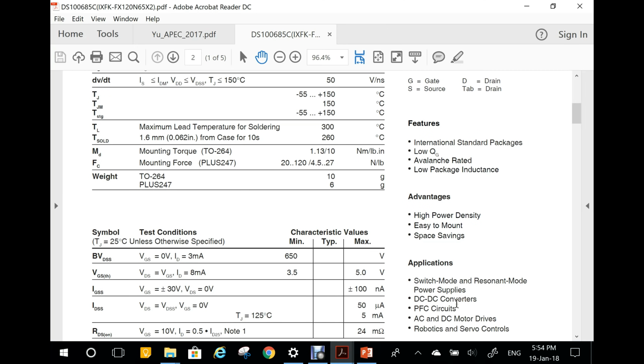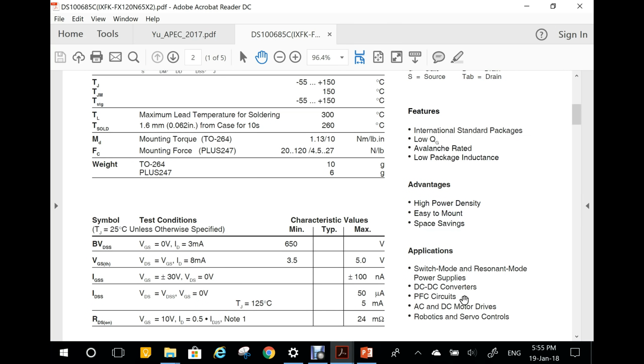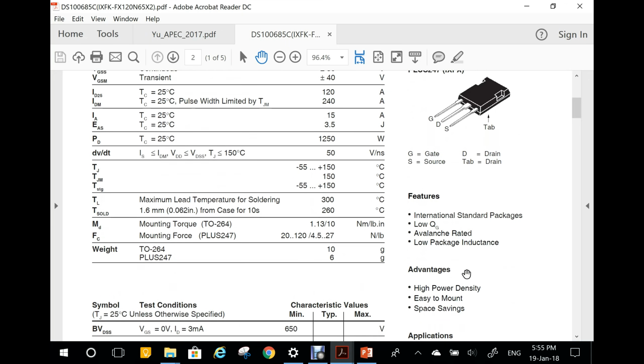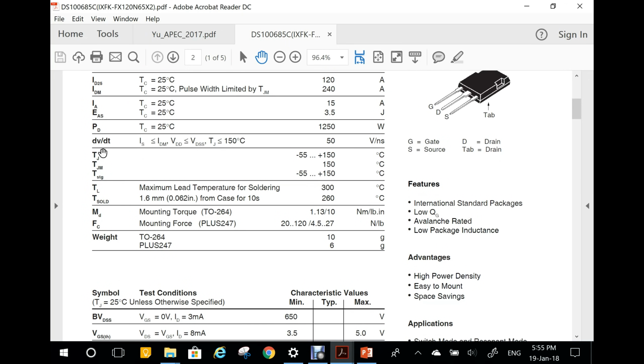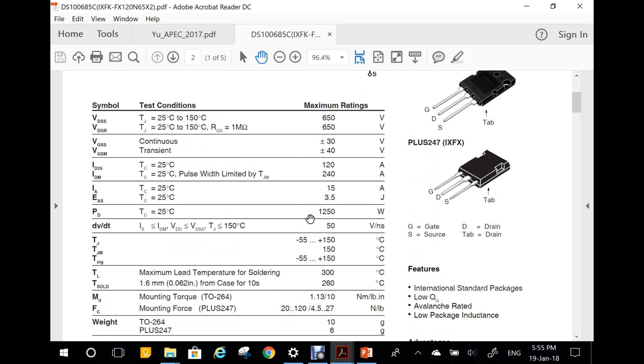But these are not real numbers or parameters. This is just a sort of, I'd say, advertisement, and the vendor is trying to sell you this particular part. It's useful. Let's not forget about it, but it's not something that you can rely on. You should rely on what is inside these tables.